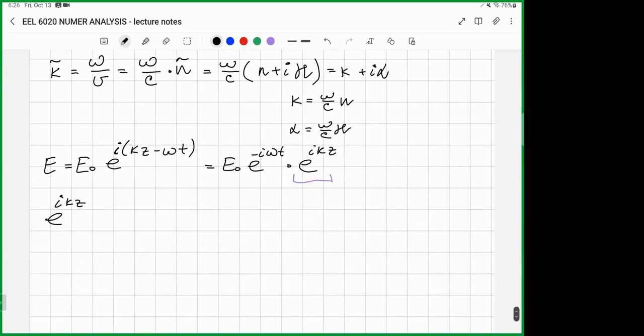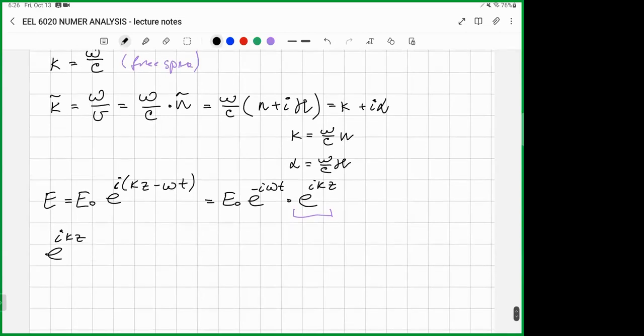So this k now is the k tilde, right? We denote it by tilde, assuming that it is actually a complex number.